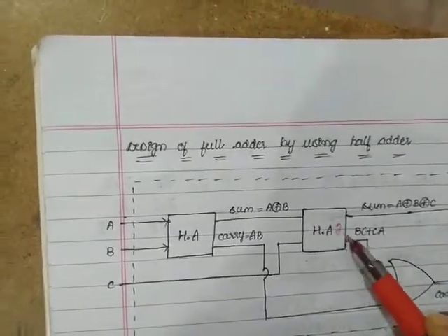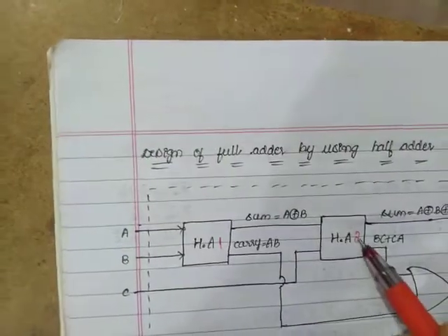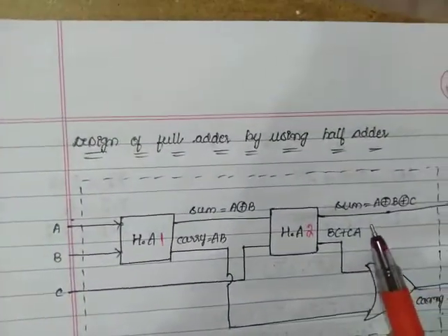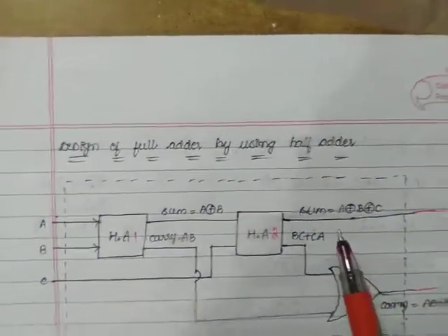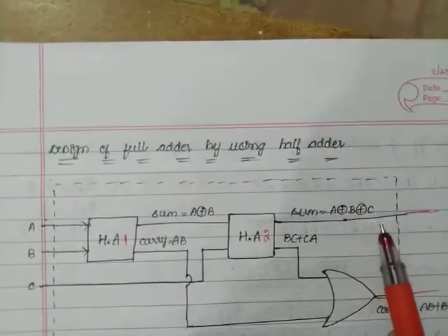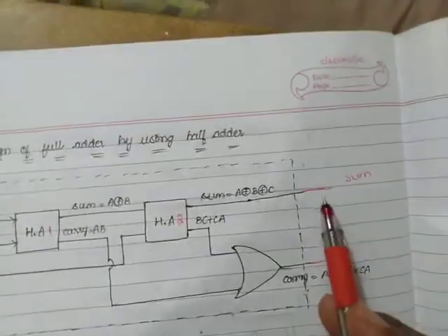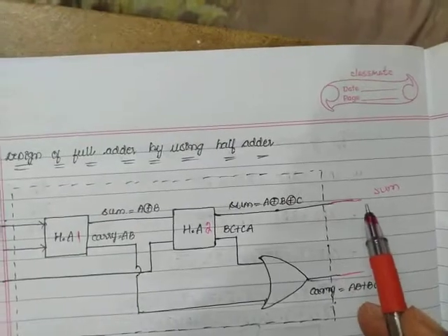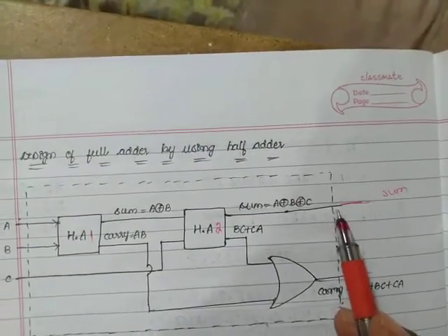I will consider this as half adder 2 and this one as half adder 1. The sum output of the second half adder becomes A XOR B XOR C. This is nothing but the sum expression for the full adder. That's how we get the output for the sum of the full adder.